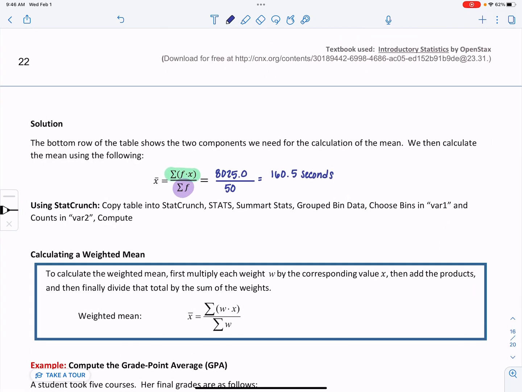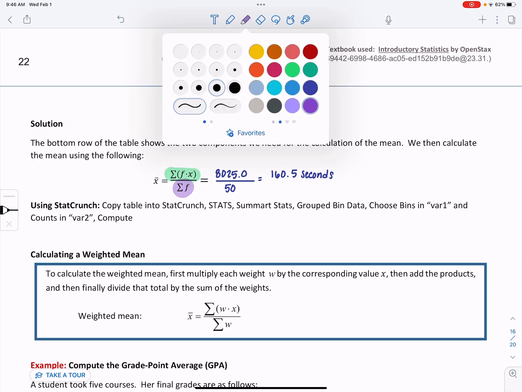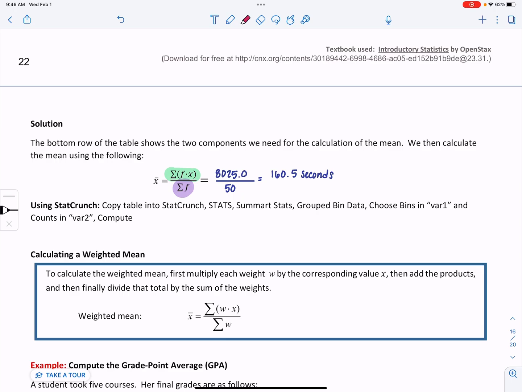Now, the big question is, could you do this using StatCrunch? Absolutely. That is going to look very different when you are able to copy and paste. So try out the steps for using StatCrunch on your own.